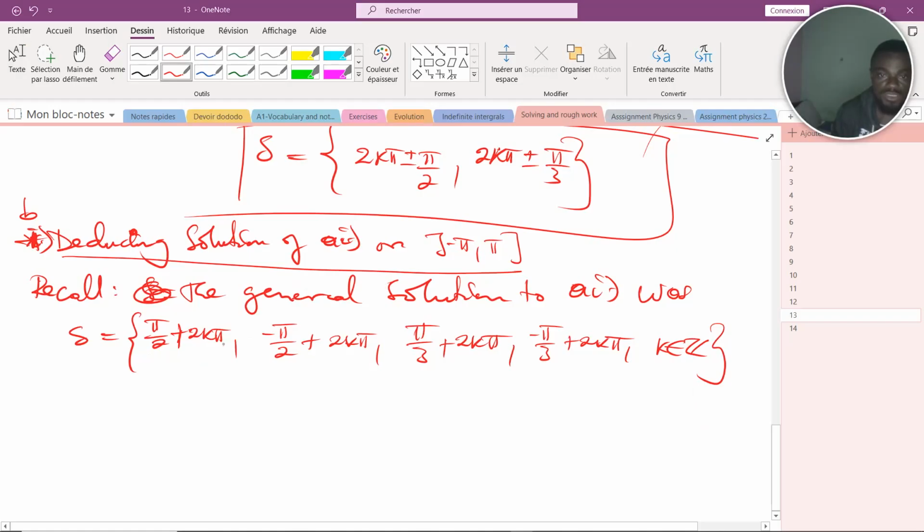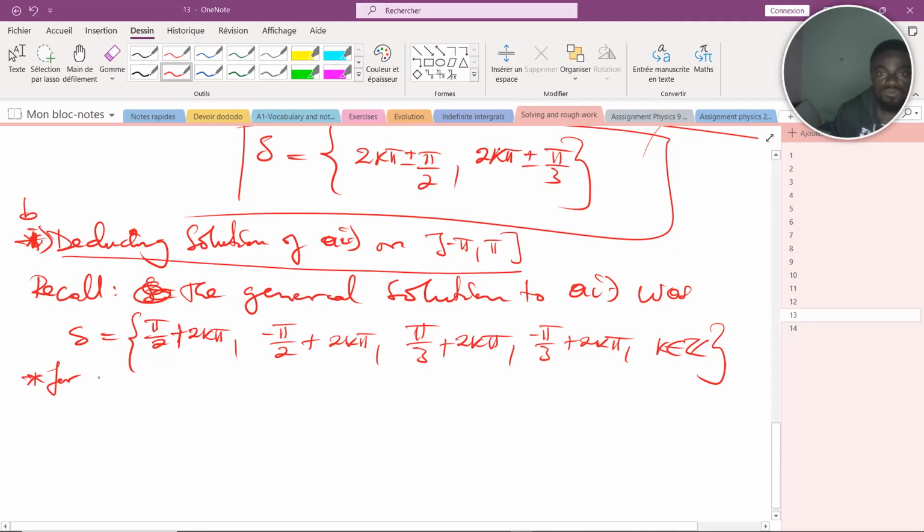We take this, we find the values of k that will satisfy it on this interval. We take each one, and we give the final result.